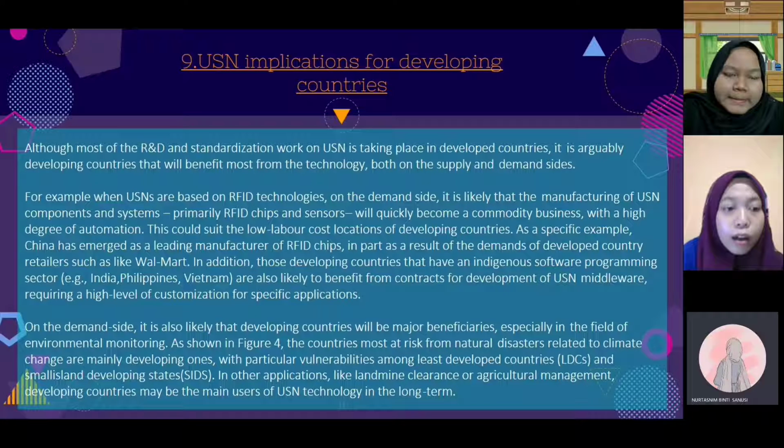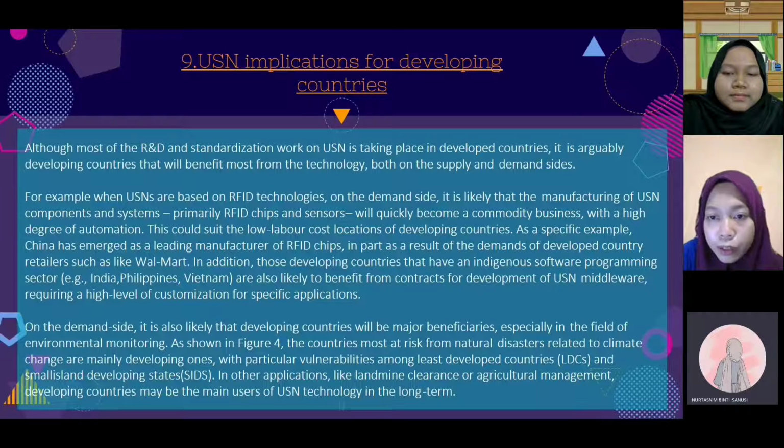On the demand side, it is also likely that developing countries will be major beneficiaries, especially in the field of environmental monitoring. As shown in Figure 4, the countries most at risk from natural disasters related to climate change are mainly developing ones, with particular vulnerabilities among least developed countries, LDCs, and small island developing states, SIDS.